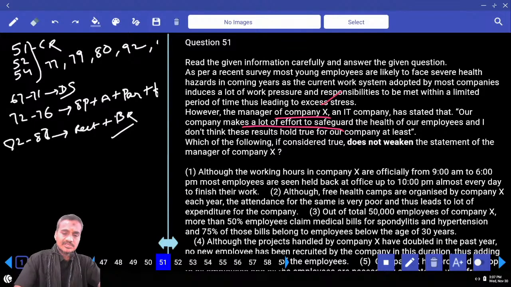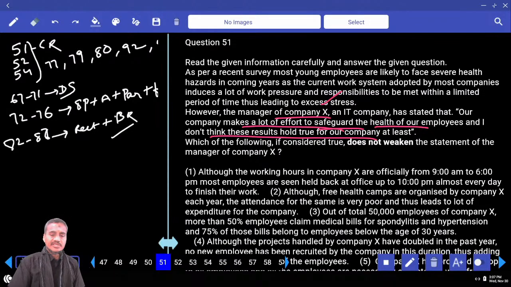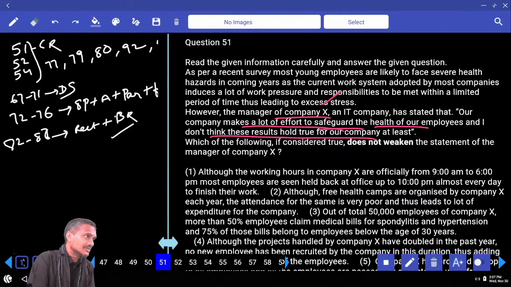My company manager ఏమంటున్నాడు చెప్పండి, X అనే IT company manager ఏమంటున్నాడు, మా కంపెనీ ఎంప్లాయీస్ని సేఫ్ గార్డ్ చేస్తుంది, చాలా కేర్ తీసుకుంటున్నాయి ఎంప్లాయీస్ అందరిని, అండ్ హెల్త్ ఆఫ్ అవర్ ఎంప్లాయీస్, అండ్ ఐ డోంట్ థింక్ దీస్ రిజల్ట్స్ హోల్డ్ గుడ్ ఫర్ అవర్ కంపెనీ అట్లీస్ట్. కానీ ఏదైతే పైన సర్వే రిజల్ట్ ఉందో ఆ సర్వే రిజల్ట్ డస్ నాట్ రిలేటెడ్ టు అస్ అంటున్నాడు. మాకు రిలేటెడే కాదు అది. ఎందుకు రిలేటెడ్ కాదు, మా దగ్గర ఉన్న ఎంప్లాయీస్ ఎవరికి వర్క్ ప్రెజరే ఉండదు అని అన్నాడు. ఎందుకంటే వాళ్ళ హెల్త్ గురించి మేము చాలా కాన్షియస్గా ఉన్నాం, చాలా కేర్ తీసుకుంటున్నాం, అందుకు మా దగ్గర ఉన్న వాళ్ళకైతే ఆ ప్రాబ్లం లేదు అని అన్నాడు. దెన్ అది వాడి స్టేట్మెంట్.